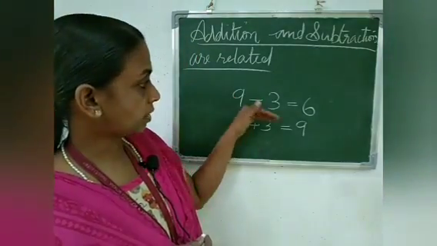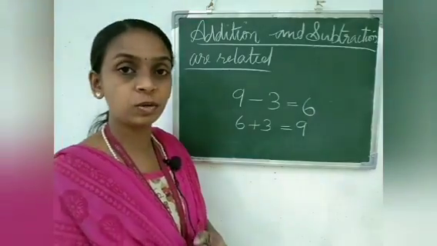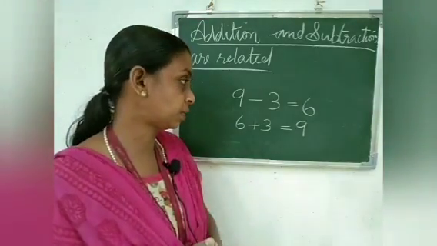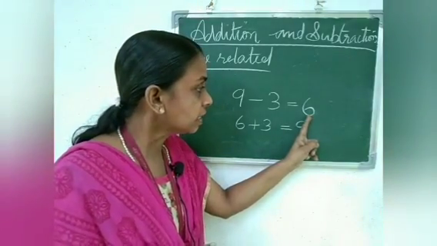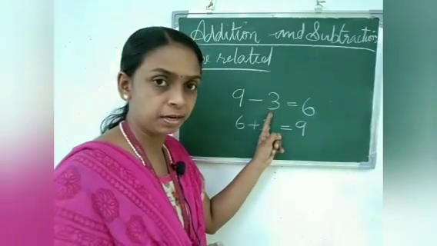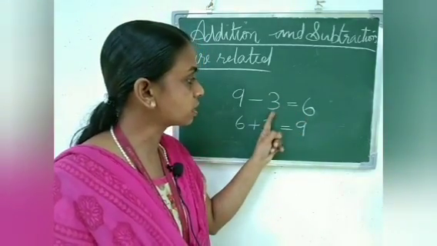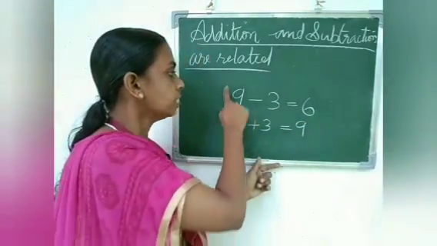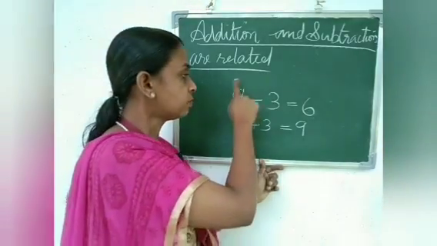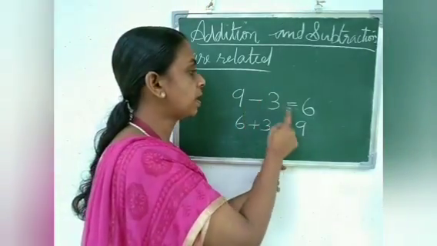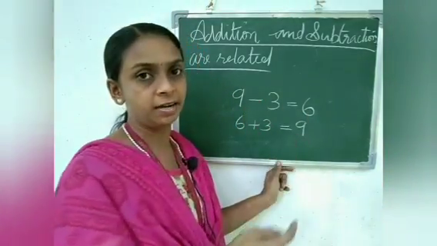So we subtracted 9 minus 3 equals 6. We can get back to the first number by adding the answer and this number: 6 plus 3, we will get this first number 9. 6 plus 3 equals 9.